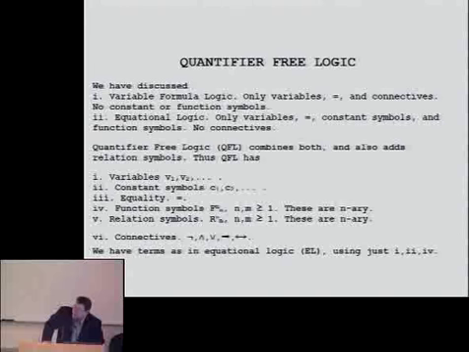Now, a typical relation symbol that occurs in elementary school math is less than. So one thing is less than another becomes a statement. So that's how you position that idea, less than. It's a relation.